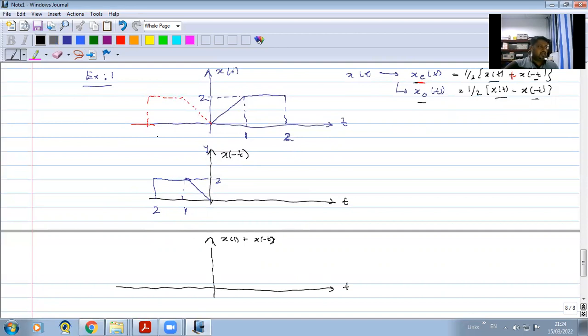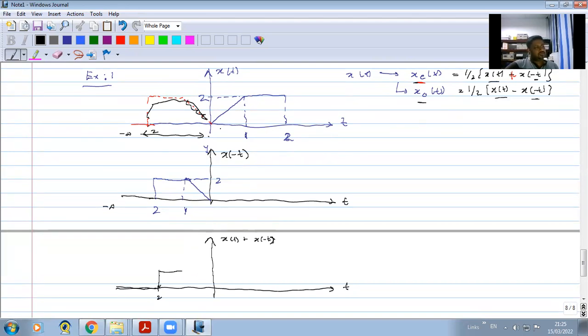From minus infinity up to 2 the values are 0. Now you can see that at 2 to 1 there is no x(t) signal, so 0 plus 2 means you will get 2. That means you will get this kind of signal.